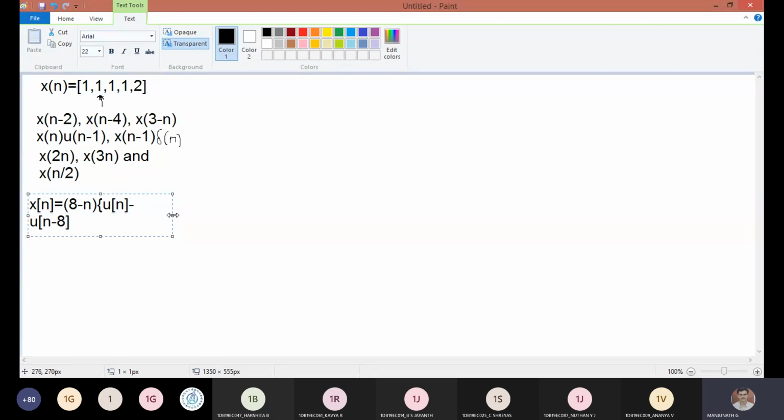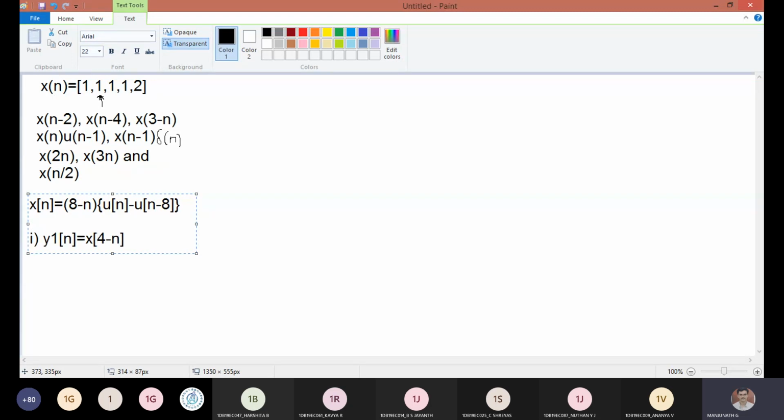The question continues. For the given signal x of n, determine and sketch the following. First one, you have to get y of 1 as x of 4 minus n.